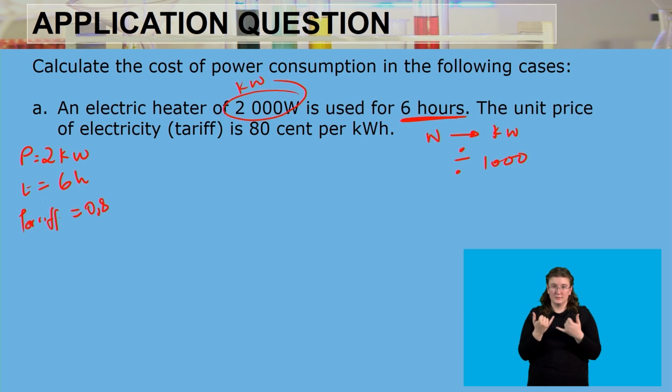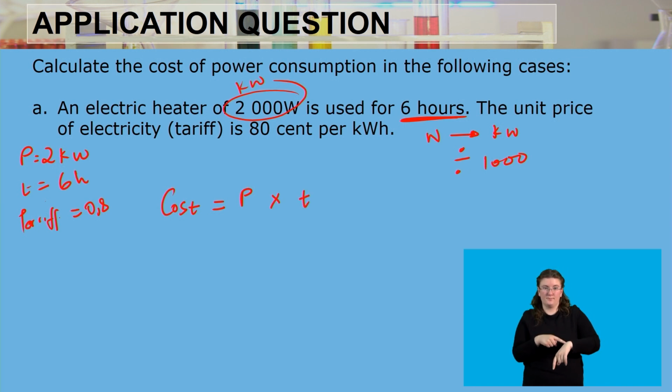Then, to now use the equation, the cost is equal to the power rating multiplied by the time in which the appliance was in use, and lastly multiplied by the tariff.